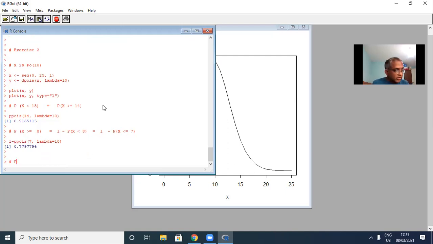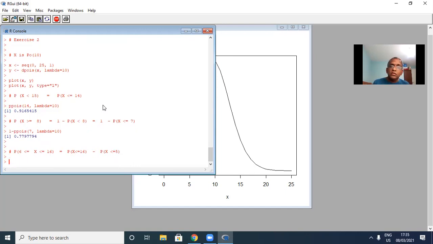All right. The next part is to find the probability that X is between 6 and 16. This can be written as the probability that X is less than or equal to 16 minus the probability that X is less than or equal to 5.